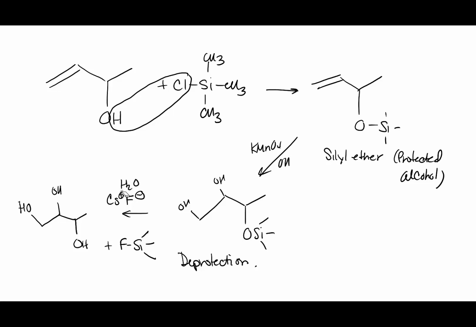So it's already in the water to get the OH back. But the binding of the silicon and fluorine, that bond is so strong, that's what removes the silicon. Other than that, that silicon's going to stay intact. And so synthetically, that's a way to protect alcohols. And there's other ways to do it as well, as esters.